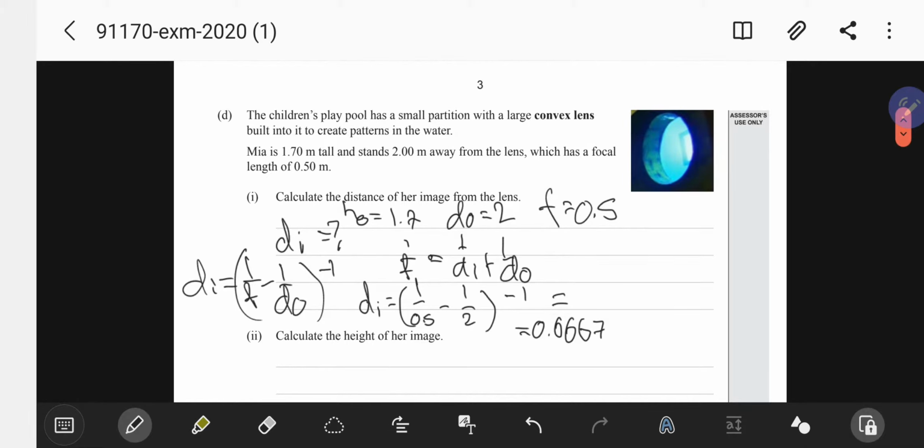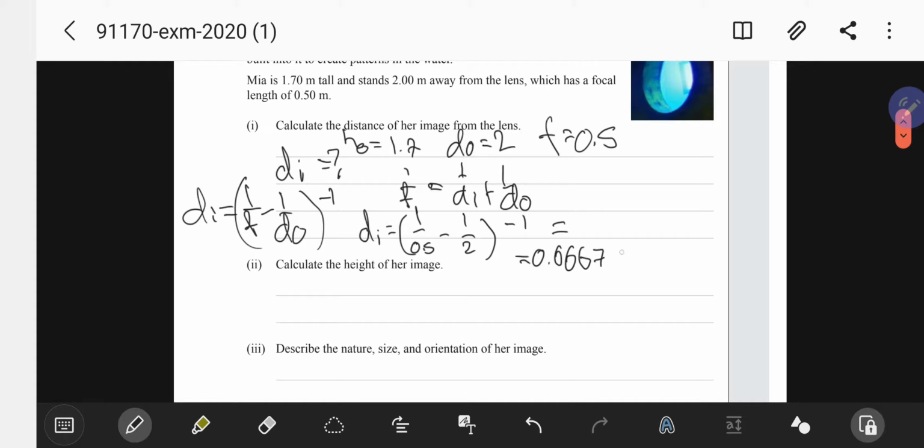How many significant figures do they want? Here we've got 3, 3, 3. Okay, so 3 significant figures. So this is going to be 0.667, and it was in meters.